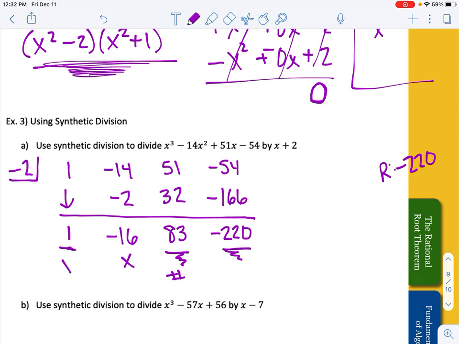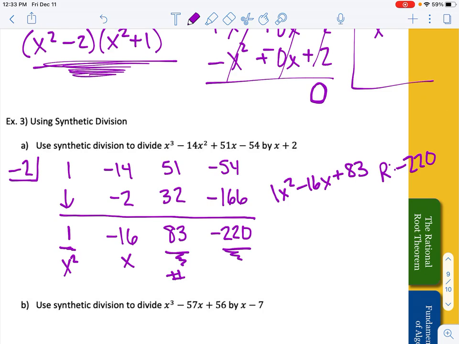This one is my x term, and this one is my x squared term. So I put the corresponding number in front of that variable, so 1x squared minus 16x plus 83 is my solution. Okay? With a remainder of negative 220.